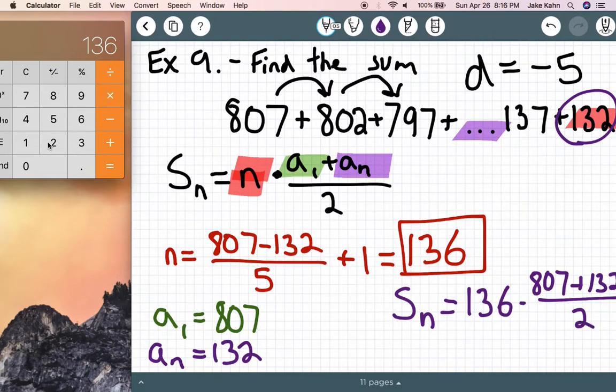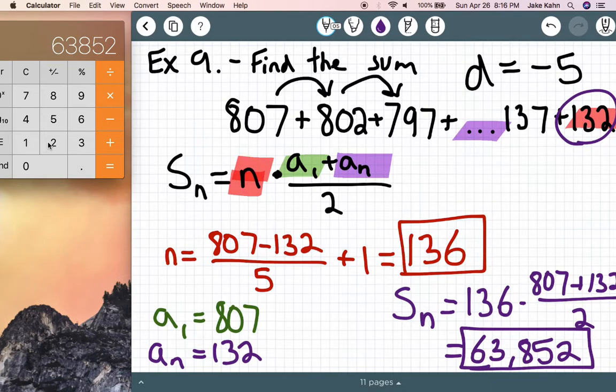Go to your calculator, do 807 plus 132, divided by 2, times 136. And we will get 63,852. The sum of the first 136 terms in that series from 807 to 132, decreasing by 5 with each number.